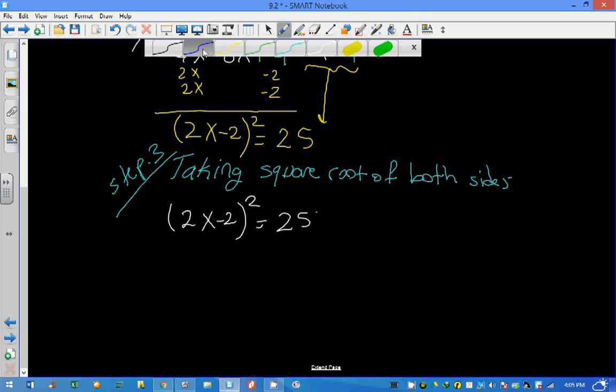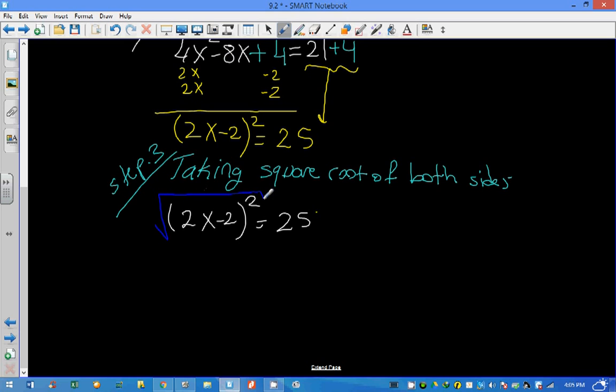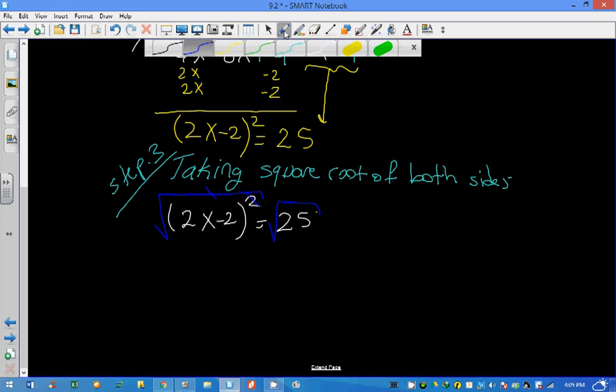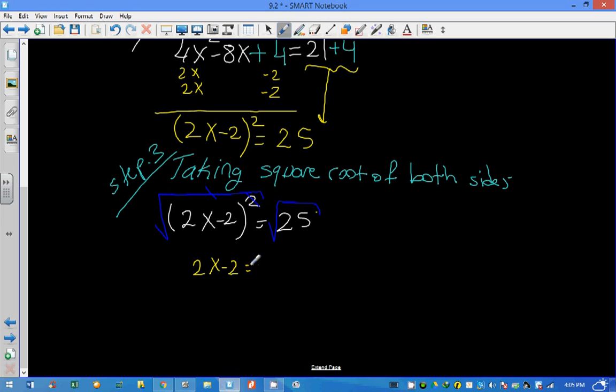When we take a square root of both sides, the 2 and square cancel each other out, and 2x minus 2 equal to positive 5, and 2x minus 2 will be equal to negative 5, and the final answer is going to be 7 over 2, and the final answer will be negative 3 over 2.